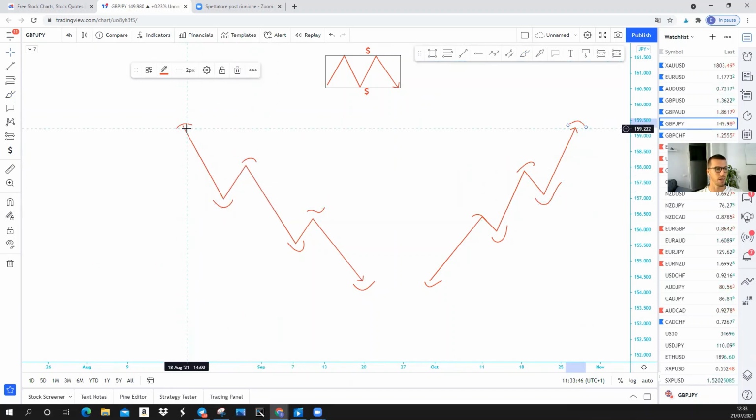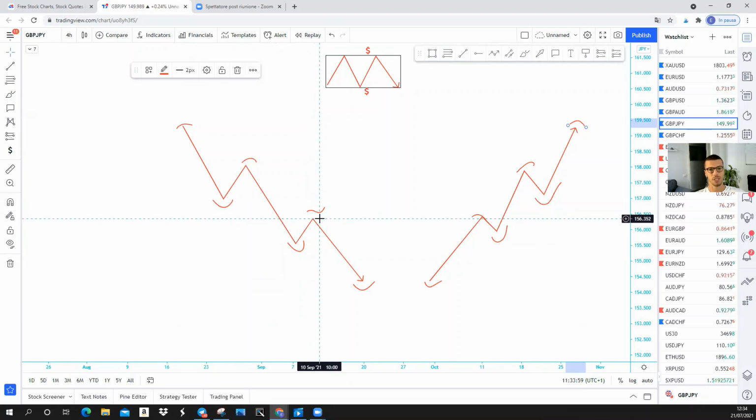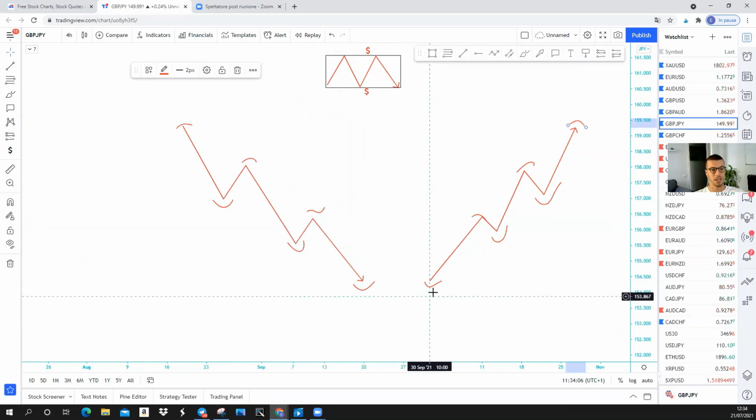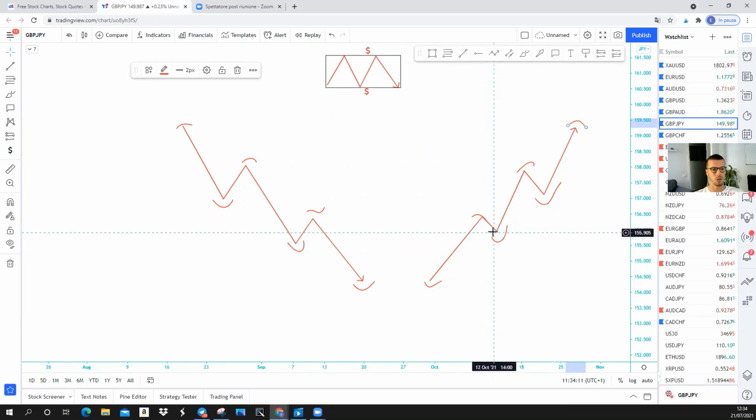You take the high, then we create a low, then another high which is lower than the previous one, then a new low which is lower than the previous one. Therefore, we understand which way we are going. This way, we are going to the downside, creating lower lows and lower highs. This way, we're going to the upside, creating higher highs and higher lows compared to the previous ones.